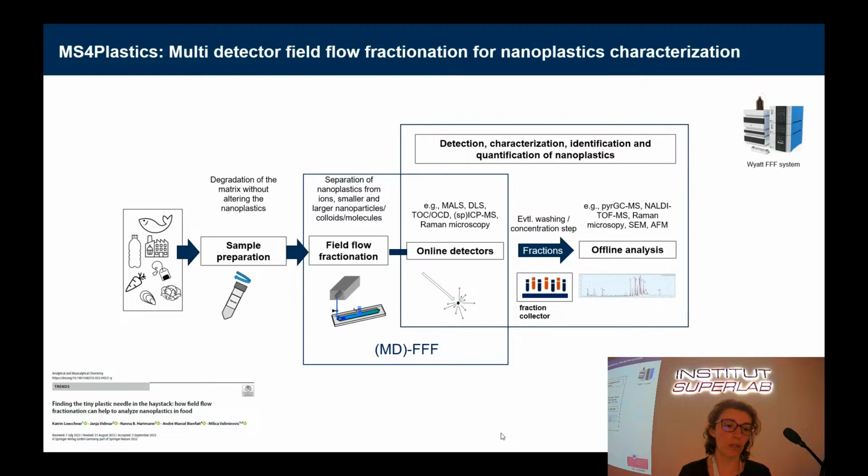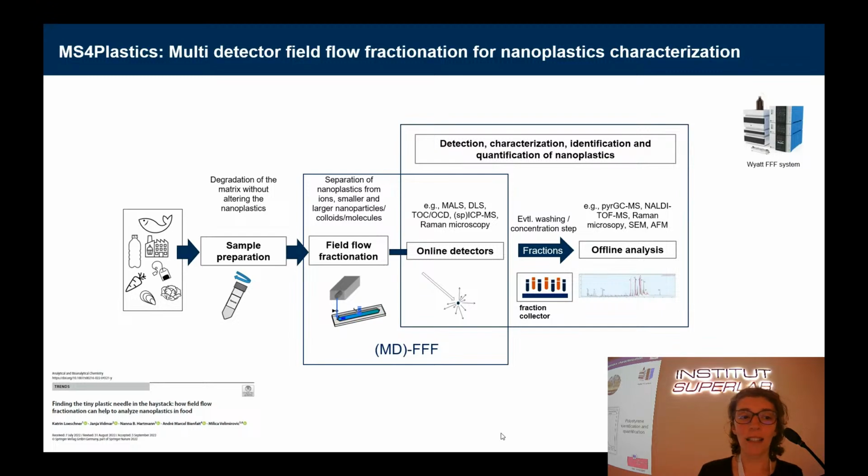Here, with a group of collaborators, we did propose one very interesting concept where we can use the multi-detector field flow fractionation for nanoplastics characterization. Of course, we could use the online detectors, but then collect the fractions and do the offline analysis, and then use the pyrolysis GCMS or any other techniques to derive the polymer composition after obtaining the particle size by different detectors.